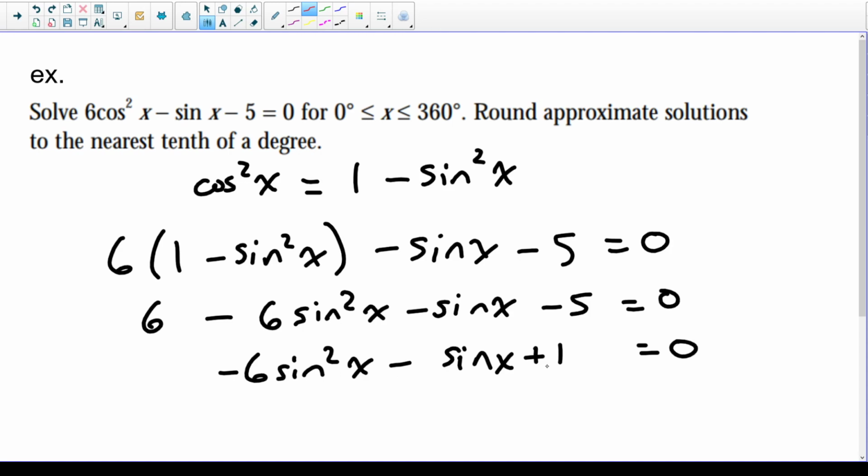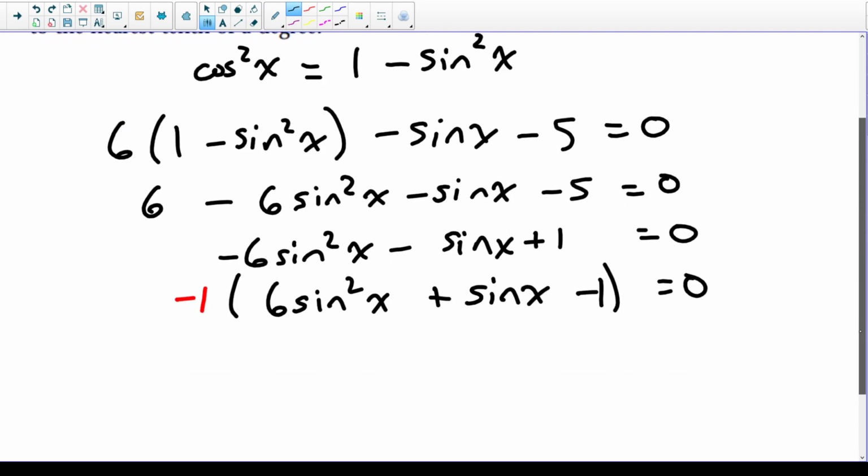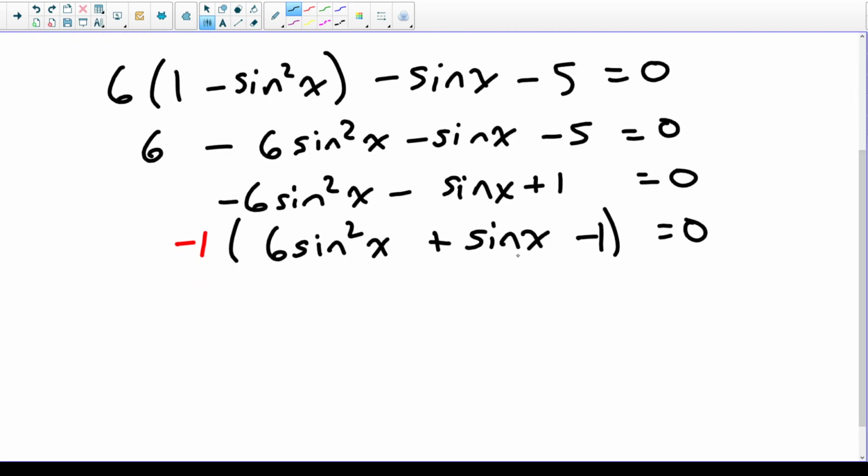I can't factor out a 6, but can I factor out a negative 1? We can do that. So this is now a quadratic.